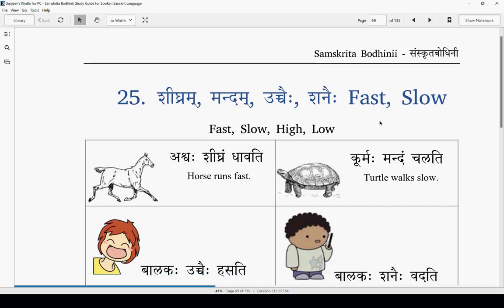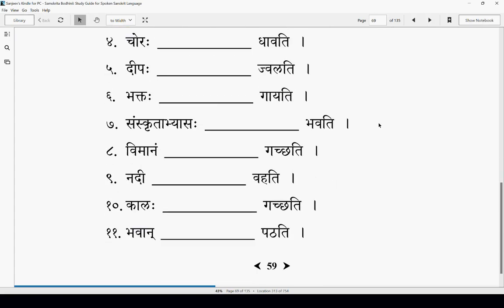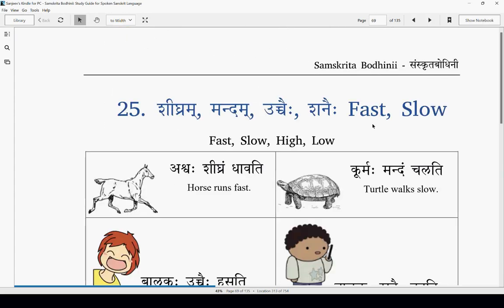To this page number 59. Let's check. I have a physical book here. Let's see.